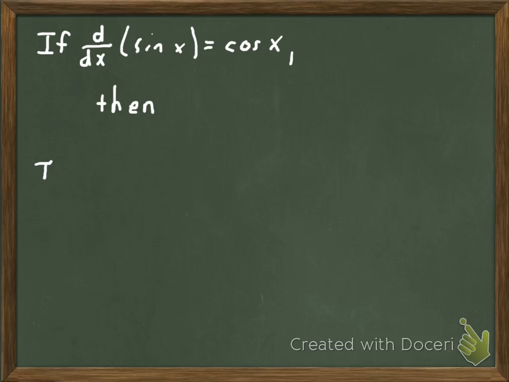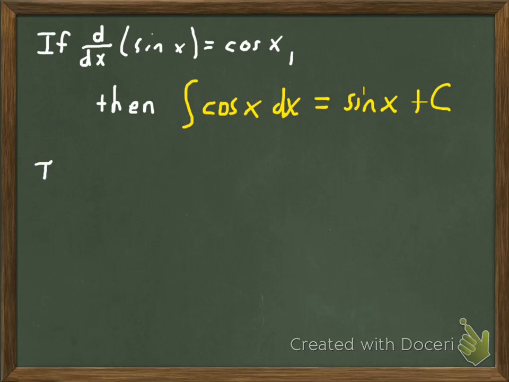If the derivative of sine x is equal to cosine x, then this would have to be true. The integral, or the antiderivative, of cosine x with respect to x would have to be equal to the sine of x, wouldn't it? Plus the constant of integration.